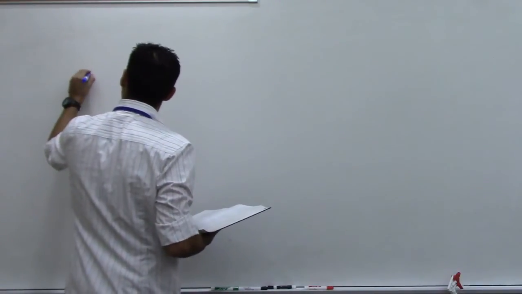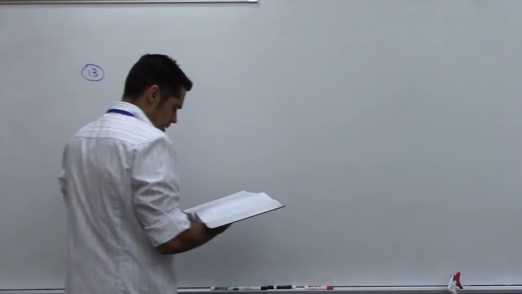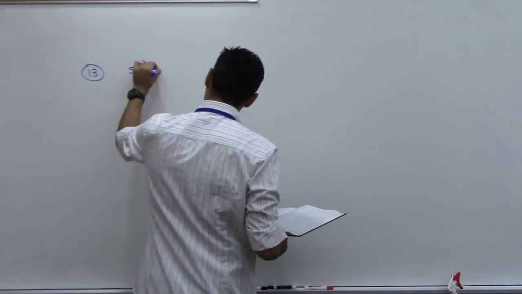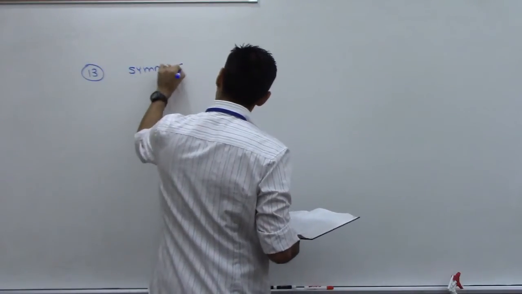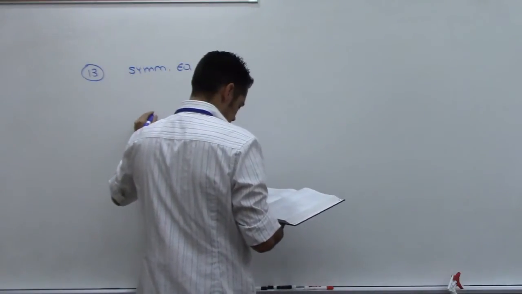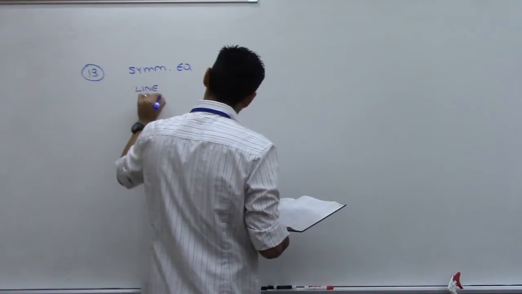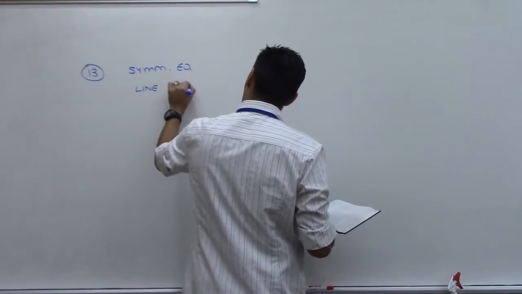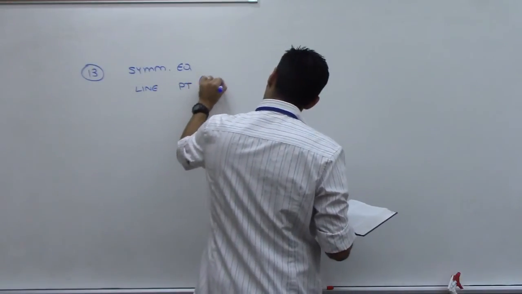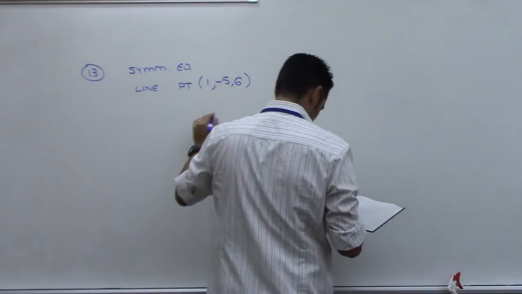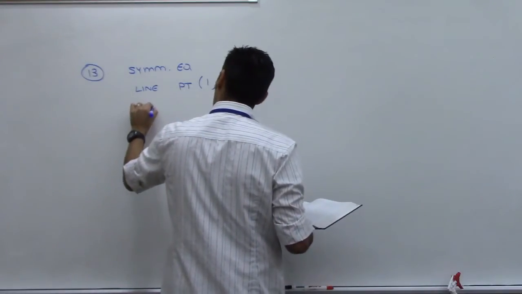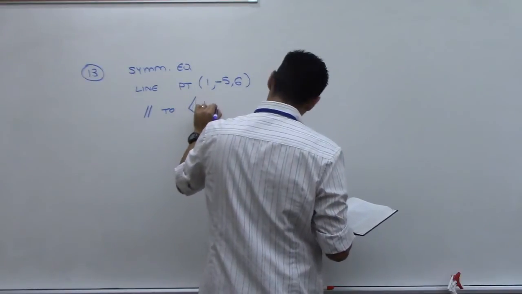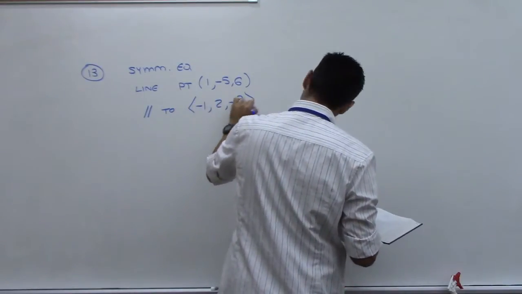they say find the symmetric equations for the line through the point 1, -5, 6 and is parallel to the vector -1, 2, -3.